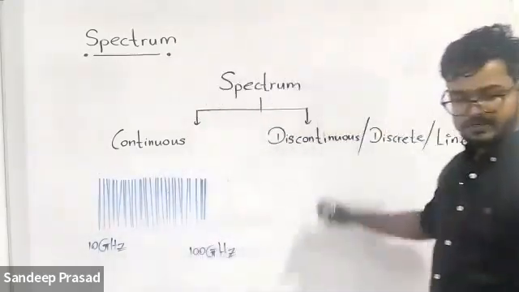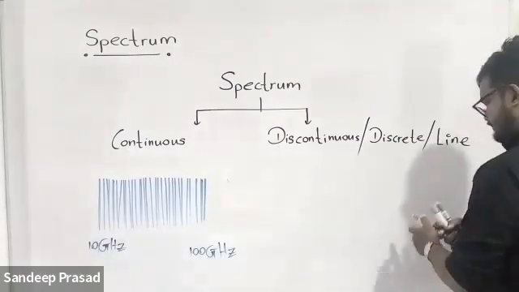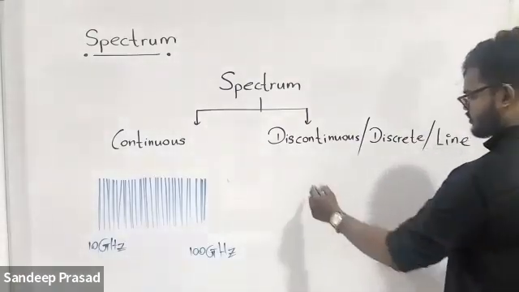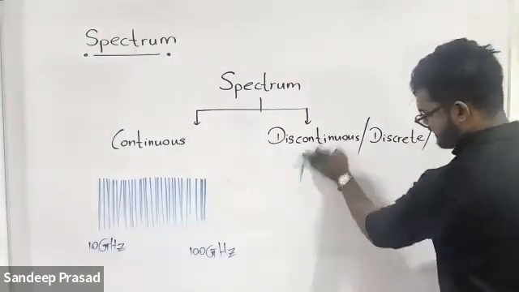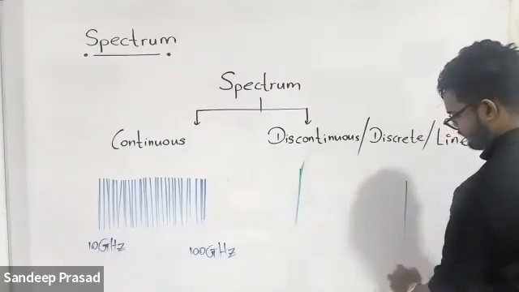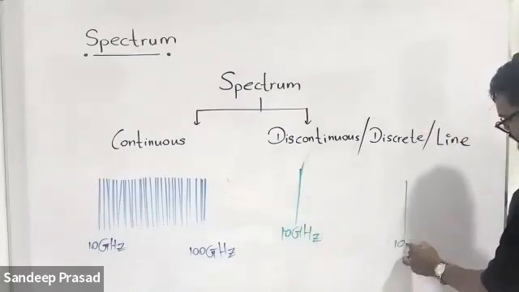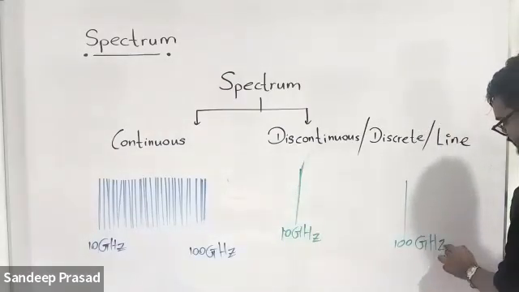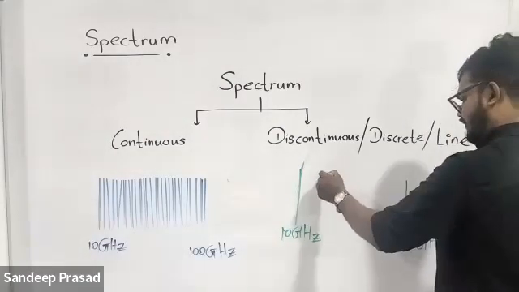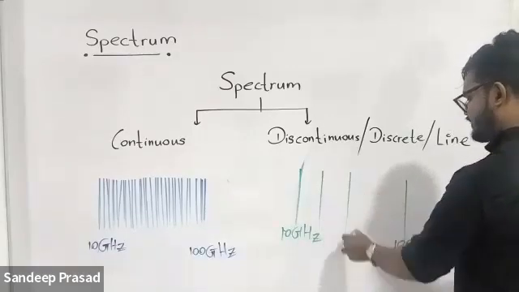But when I'm considering the discontinuous spectrum, I'm going to consider the same frequency range, 10 gigahertz to 100 gigahertz. In this particular range, we have only a few energy radiations.